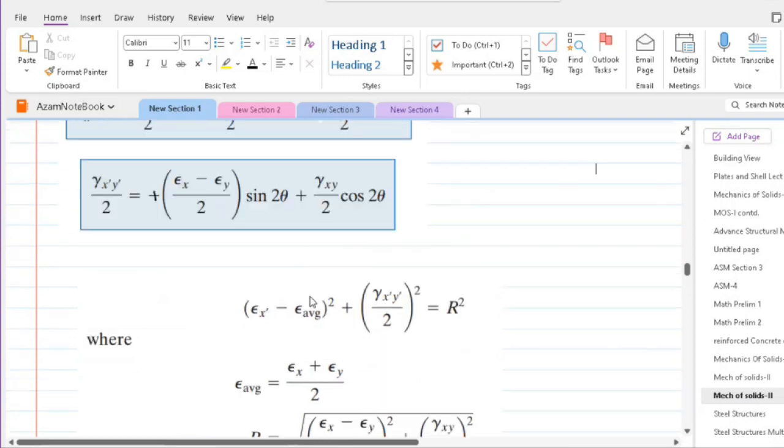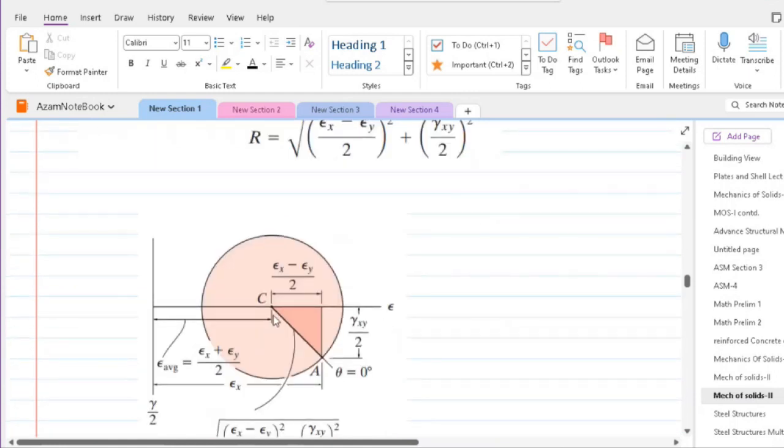In accordance with our equation of circle, we have the center C located at a distance epsilon x plus epsilon y by 2 from the vertical axis. The circle is located on the horizontal axis.